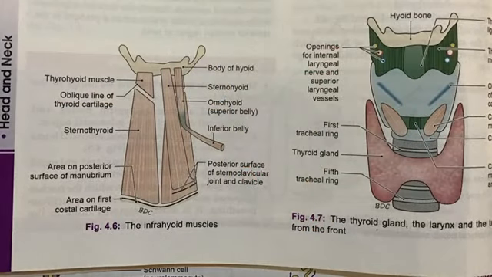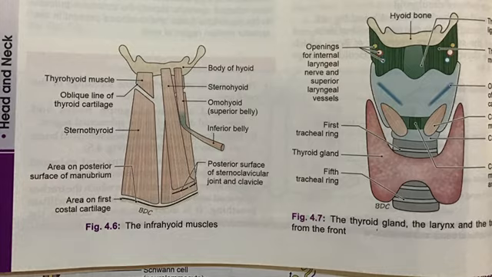Here you can see between the hyoid bone and the sternum there is a cartilage called thyroid cartilage. These strap muscles passing directly from the sternum to the hyoid bone are called sternohyoid muscle, and those passing from thyroid cartilage to hyoid bone are the thyrohyoid muscle. Then sternum to thyroid cartilage is sternothyroid.